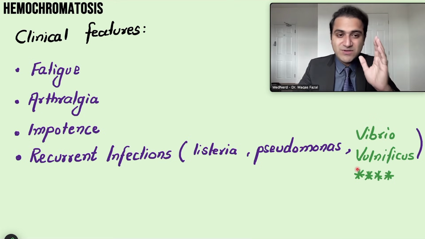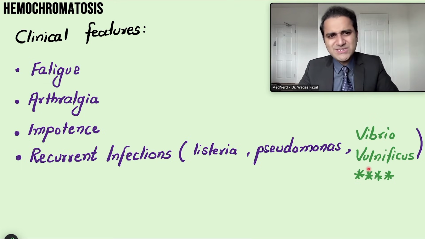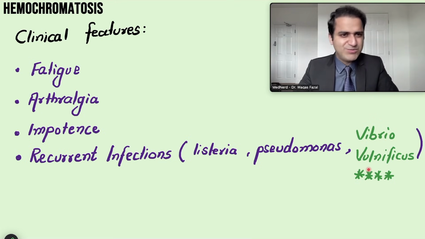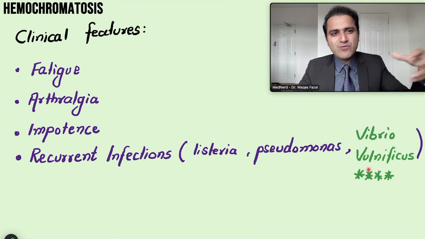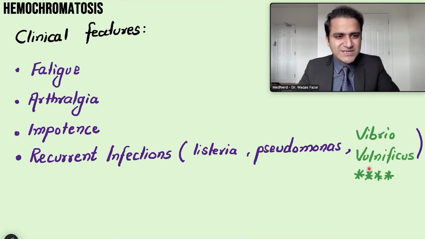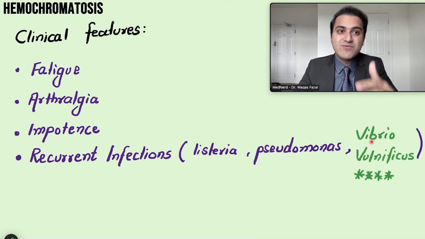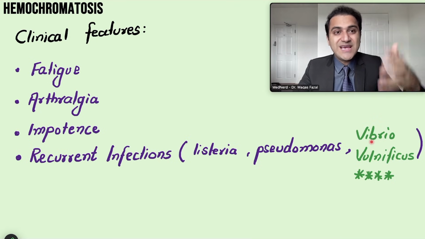On Step 1, it is a commonly tested question that a patient is having Vibrio vulnificus infection. The patient had some seafood like oysters, and then after the oysters, the patient is infected with Vibrio vulnificus. Most likely this patient is having which condition? The patient is having hemochromatosis because Vibrio vulnificus proliferates wherever there is excess iron, and hemochromatosis patients have excess iron in their body.